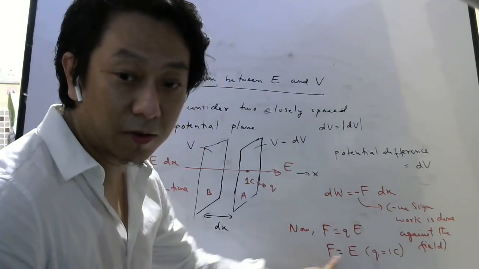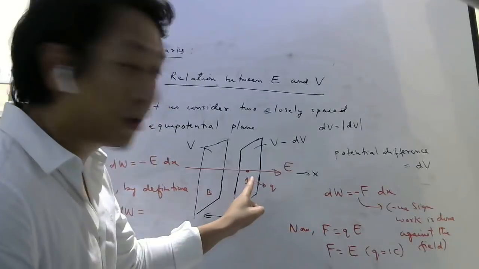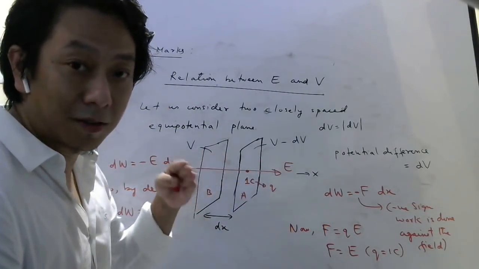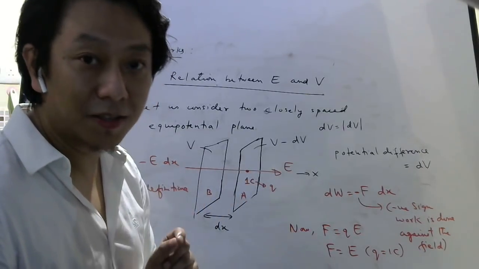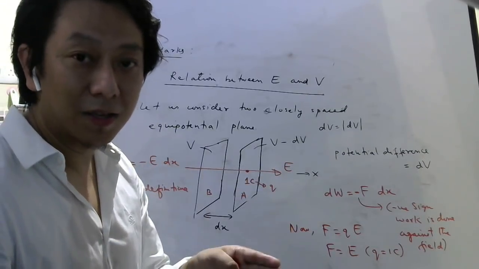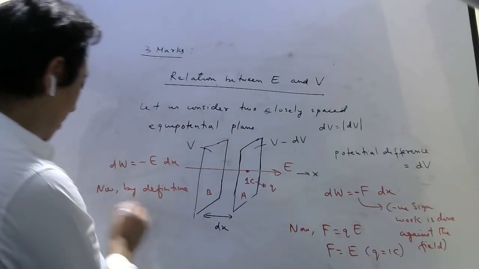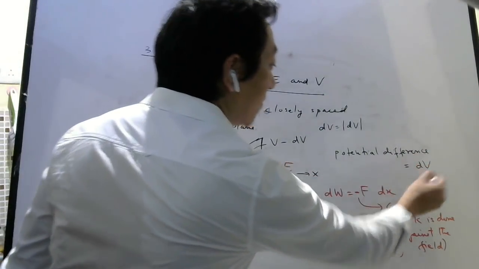That's why F is equal to E. So I am taking 1 coulomb charge against the field, from A to B. That is what? That is potential difference. Remember or not? Work done to move a charge from A to B is nothing but potential difference between those 2 points. So this is nothing but potential difference, which already I wrote as dV here.